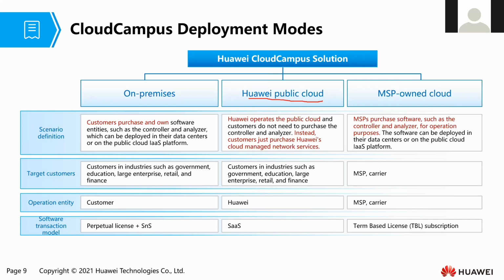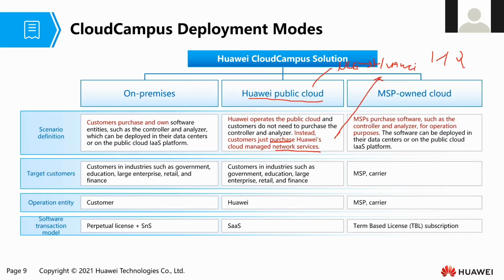For the second deployment mode, we have the Huawei public cloud deployment mode. Here, instead, the NCE is not deployed on the customer side. Now our NCE is deployed in Huawei HQ. So what the customer does is purchase the network services from Huawei.